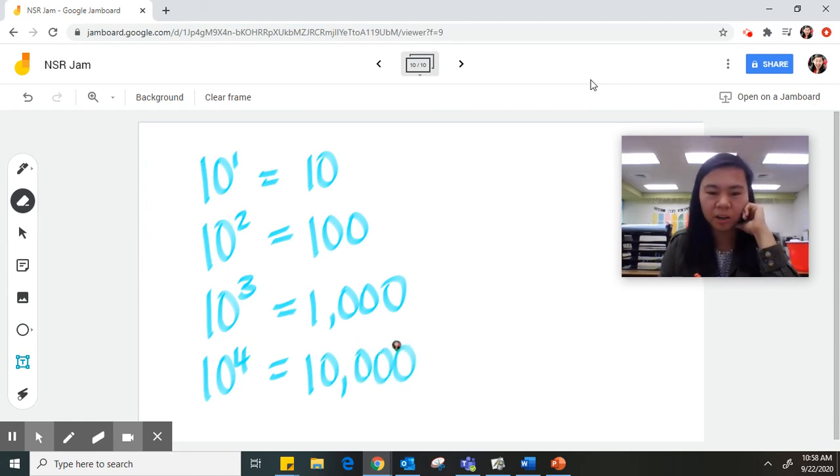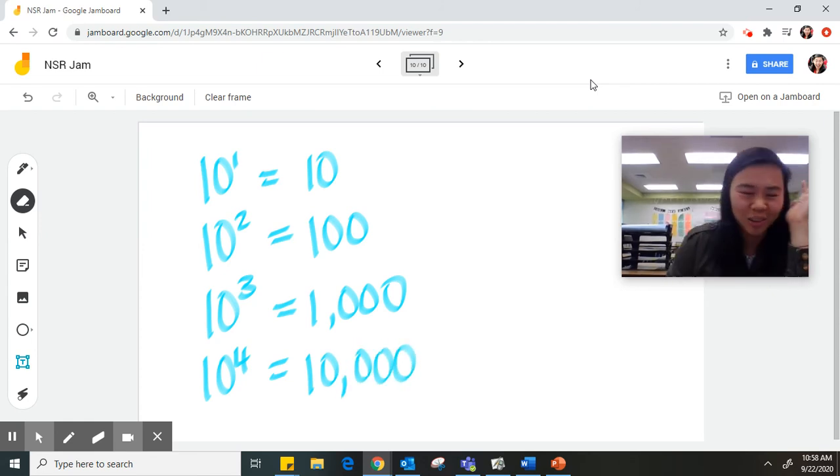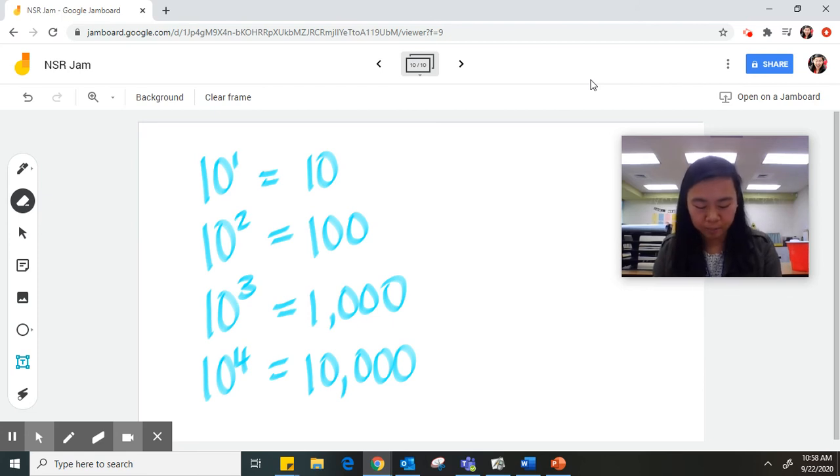Now, do you guys see any pattern here? We went over it in class, so hopefully you remember it. What's this pattern that we see here? What did I add to this 10 to get 100? Well, the only difference is I added a 0 right here. What did I do to this 100 to get to 1,000?